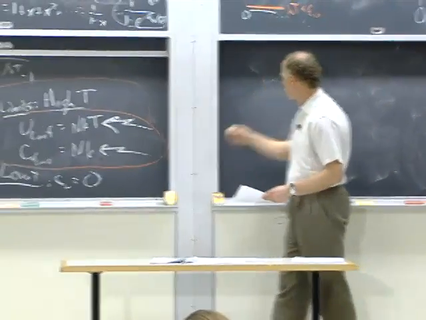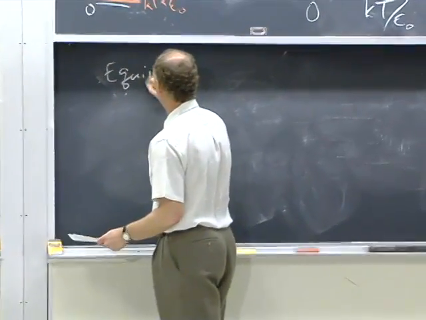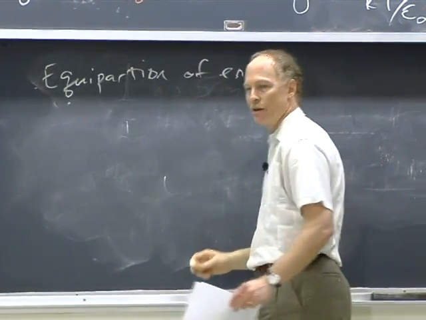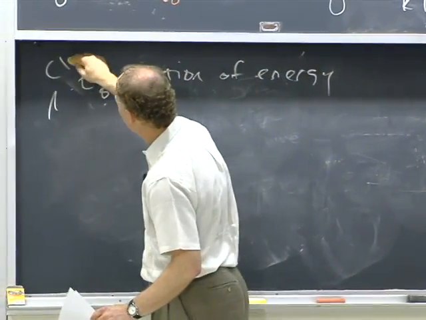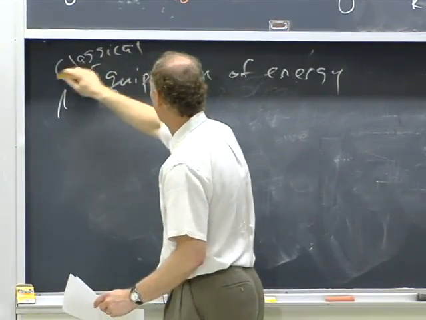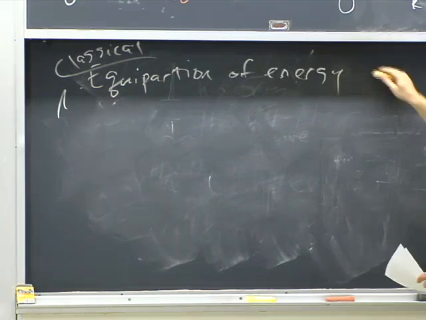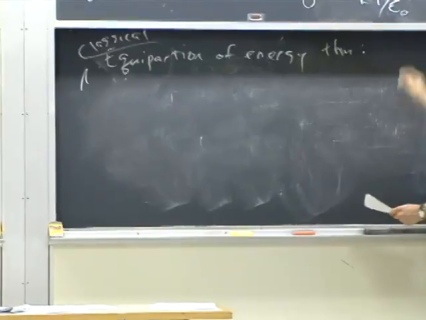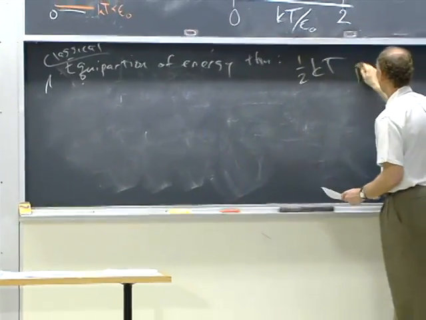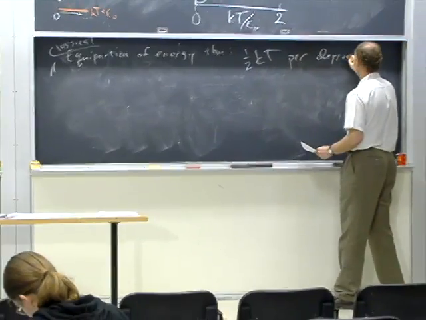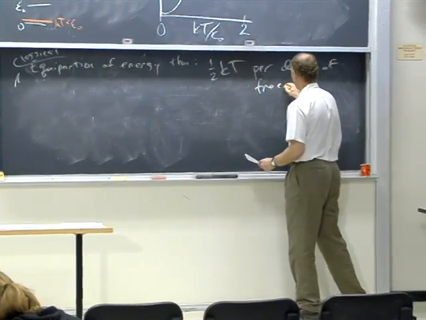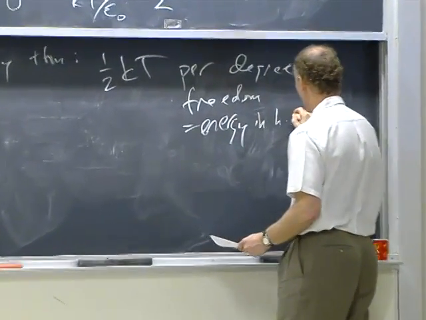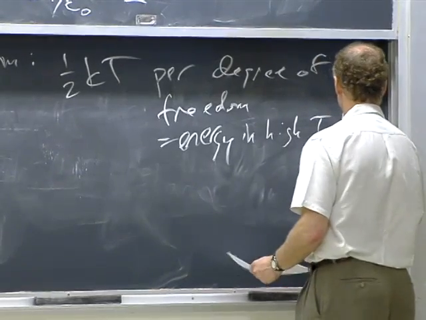It has a name, that result. It's called the equipartition of energy. Sometimes it's called the classical equipartition of energy theorem. And what it says is 1/2 kT per degree of freedom equals energy in the high T limit.